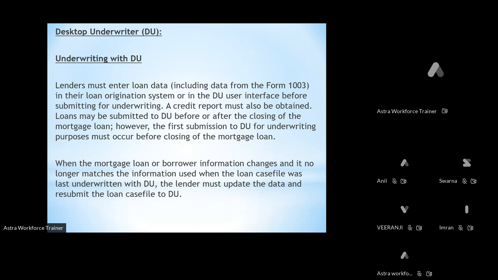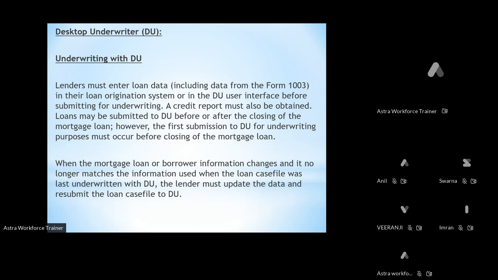In live underwriting, you'll have to follow the lender guideline and the Fannie Mae guideline. For secondary marketing, those doing post-close underwriting will get the AUS documentation, so we'll have to follow the AUS guideline.